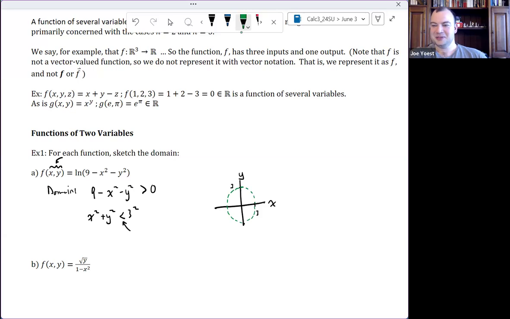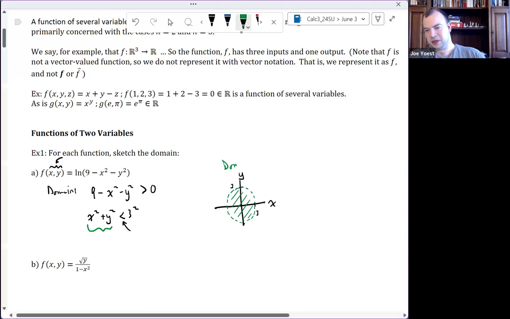But we don't want to include the boundary, and we know that we want the interior of the circle, which we can see, for instance, by saying that the origin is a solution: 0 squared plus 0 squared is less than 3 squared. So we want the interior of this circle of radius 3. And this would be a sketch of our domain.